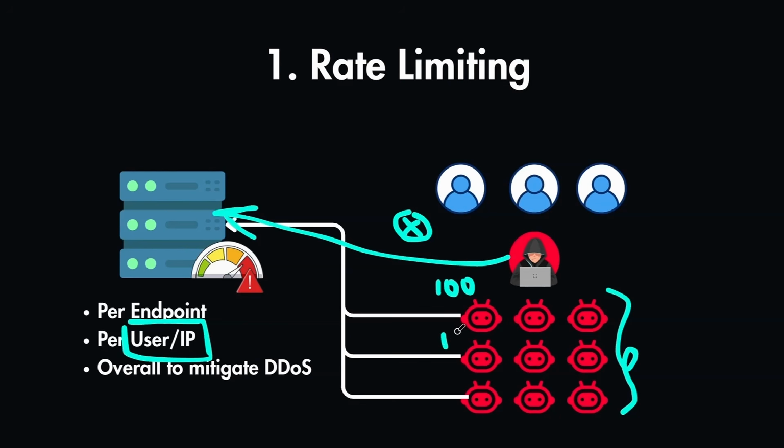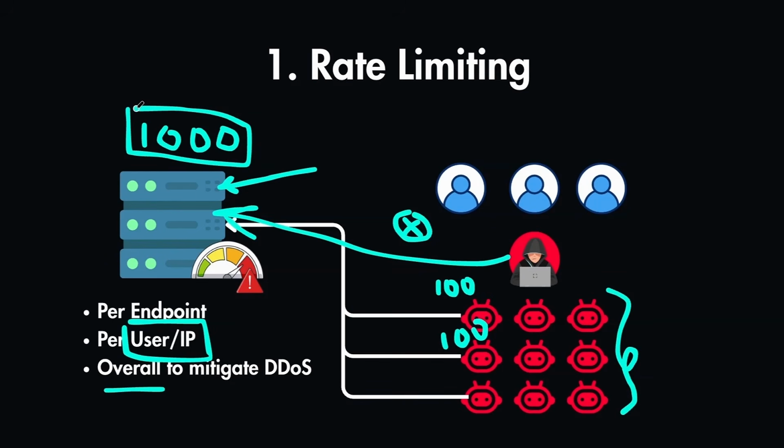So each of these bots has 100, and overall they have more than you would allow or your system could handle. That's why you also have overall rate limiting, which can be some bigger number. So whenever all the traffic coming into your server reaches or passes this number, then you will temporarily block all requests until you find out the root cause.